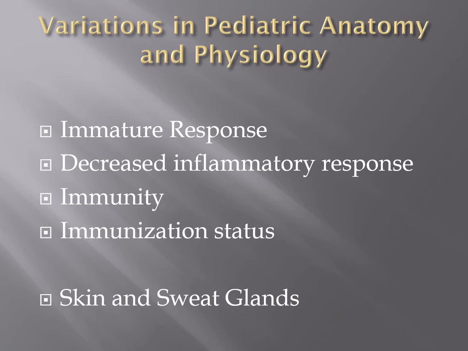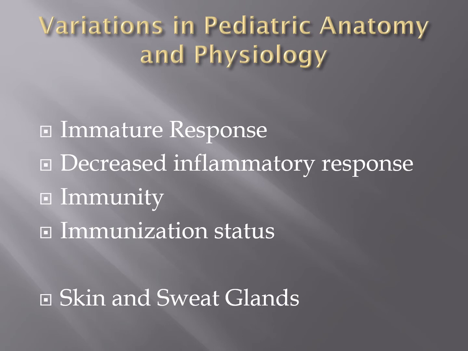Their skin and their sweat glands contribute a lot also to exposure to bacteriums and viruses. Their epidermis is thinner than ours, and their blood vessels are closer to the surface, and they have less sub-Q fat. So this causes them to lose heat more readily through the skin, and we know heat kills a lot of viruses and bacteria.